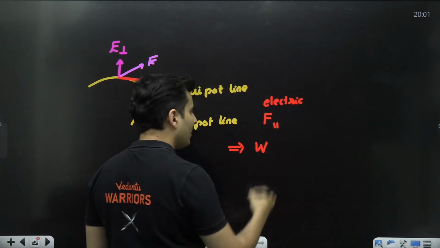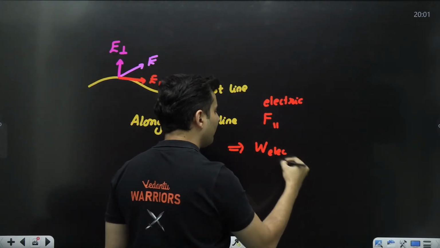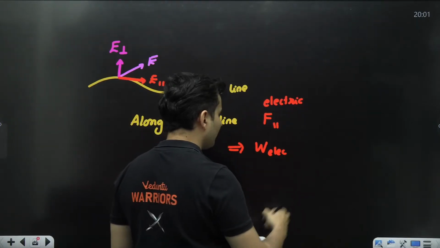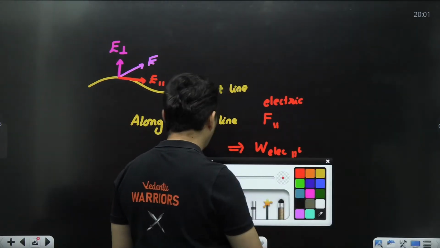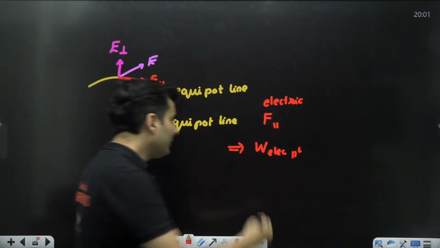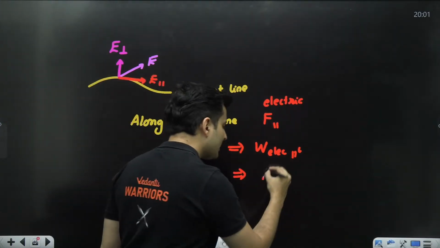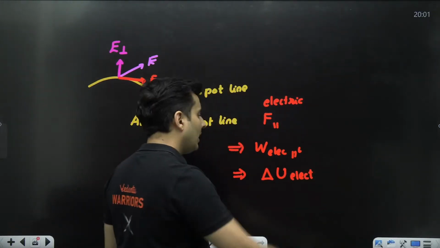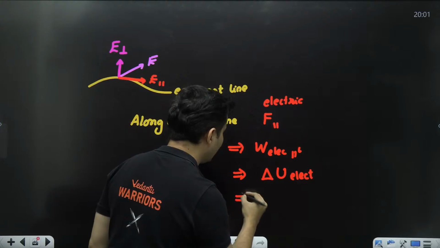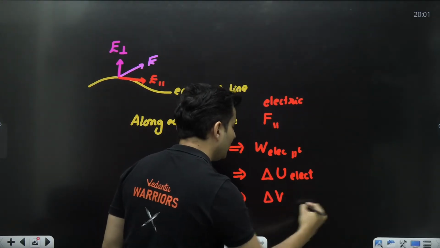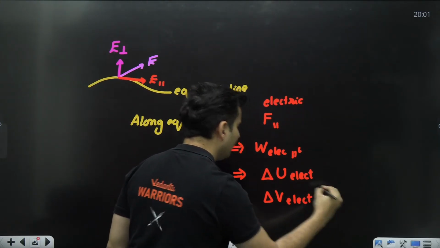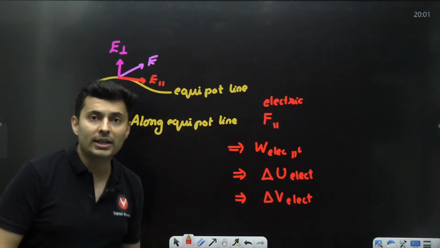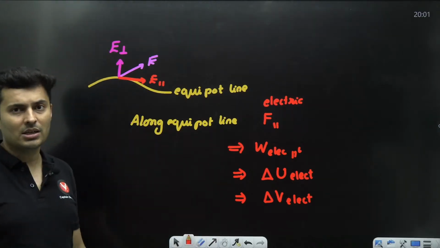There will be work done by the electric field in that parallel direction along that equipotential line. If there is work done, there will be a change of electrical potential energy. That means there will be a potential difference along that equipotential line, which itself contradicts the definition of equipotential line.